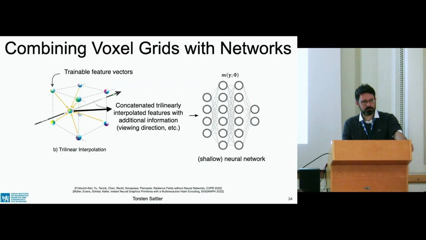Could you expand on what the inputs and outputs here are? Because I guess this training of feature vectors should be color associated with viewing, or I'm not quite sure. So the input to the whole training process is still images with known poses and intrinsics.